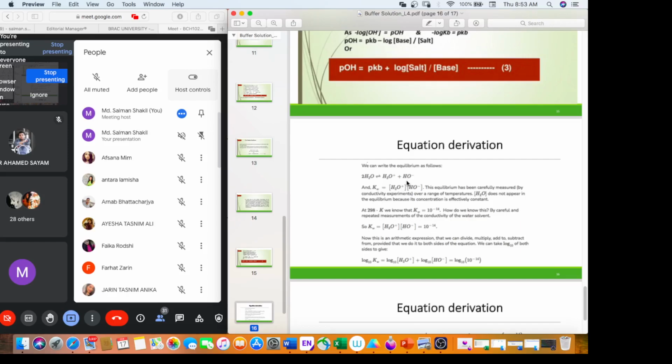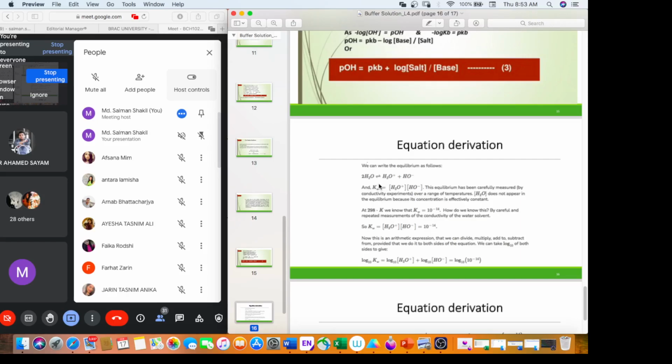Okay, so now we can write water dissociation constant equals to this part, right? Divided by water. Clear? Okay, so when we write the water dissociation constant Kw, we actually omit the denominator water.